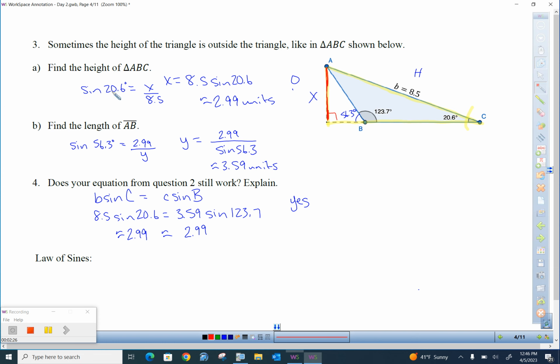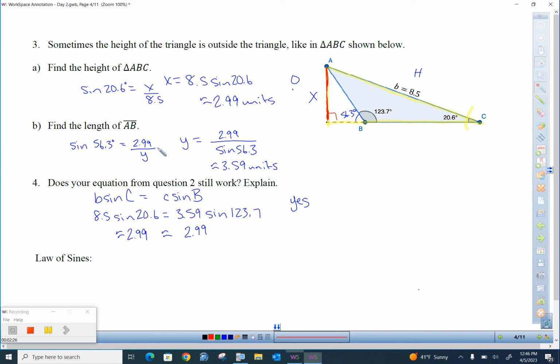So we can use sine of 20.6 and x over that 8.5, the hypotenuse. I do want to emphasize that this hypotenuse is only called that because we're dealing with a right triangle. If I were to focus on this obtuse triangle, the one that's shaded in blue here, that would not be the hypotenuse. It would just be the side that's opposite the 123.7 degree angle. So we can only call it hypotenuse with right triangles.